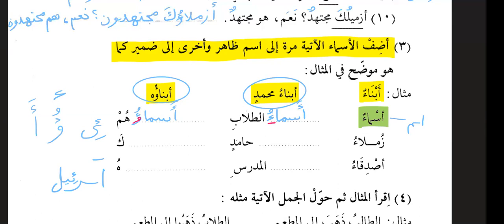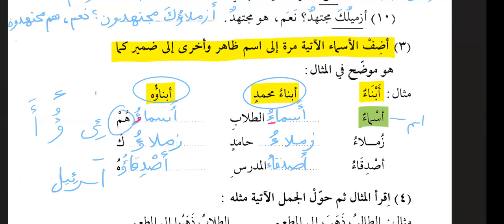So if we go through these quickly, so zumala'u, we say again, zumala'u Hamidin, Hamid's friends, and we say here again, zumala'uka, your friends. أصدقاء المدرس مضاف إليه, and we say أصدقاؤه, his friends.